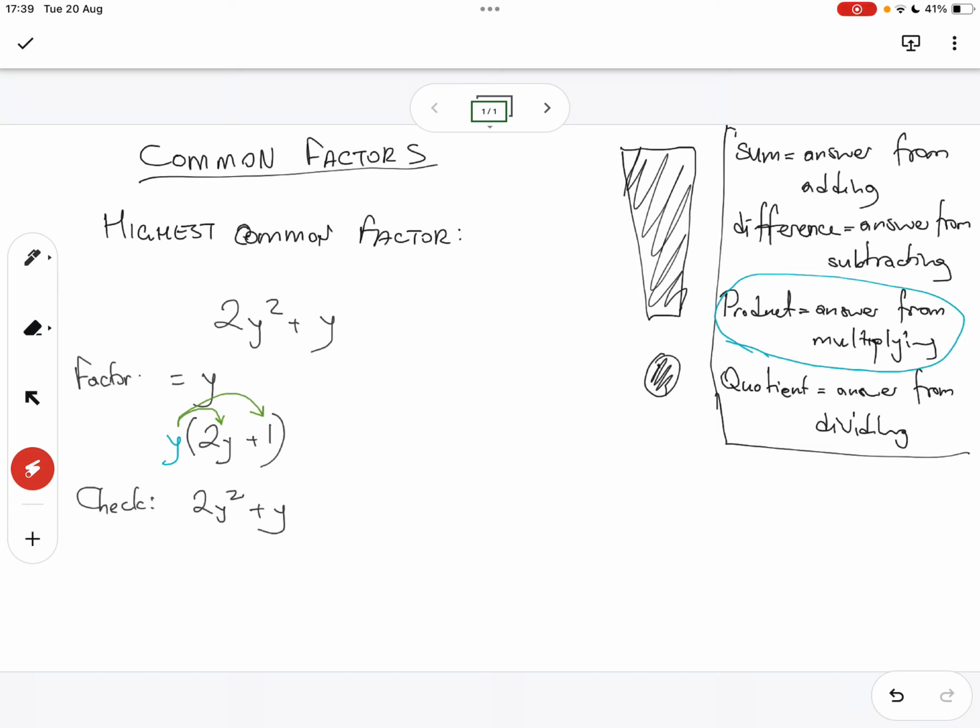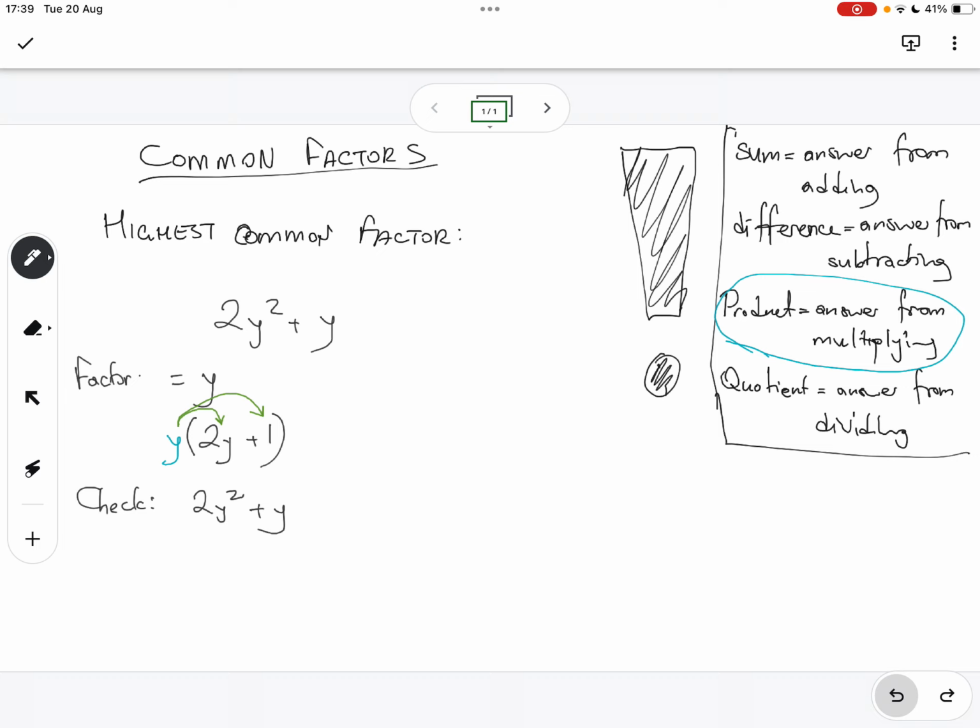Not the exponent, this 2 here. Why do we leave it in the bracket? Why do we not take it out of the bracket when I multiply out? That's good, because it's not a factor that we can take out.